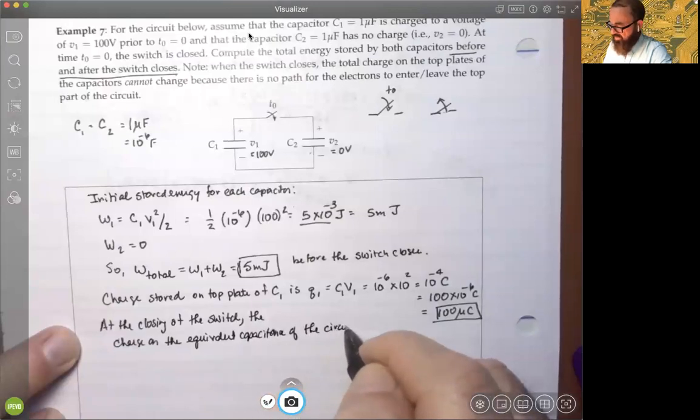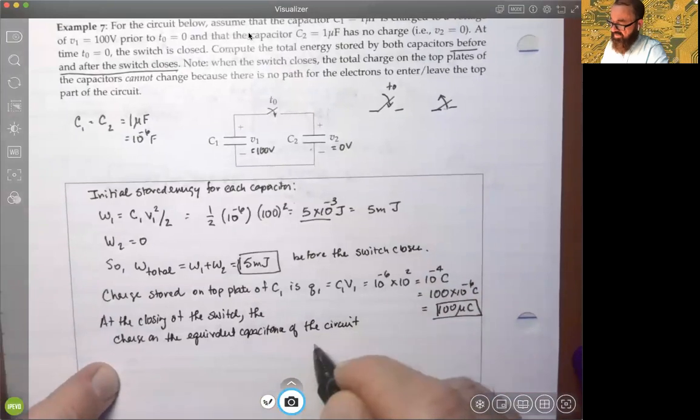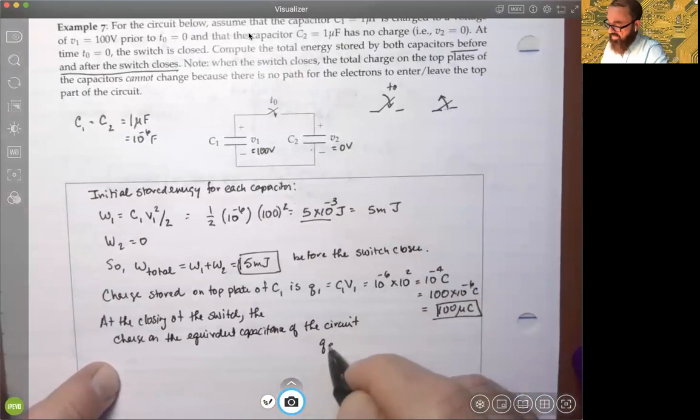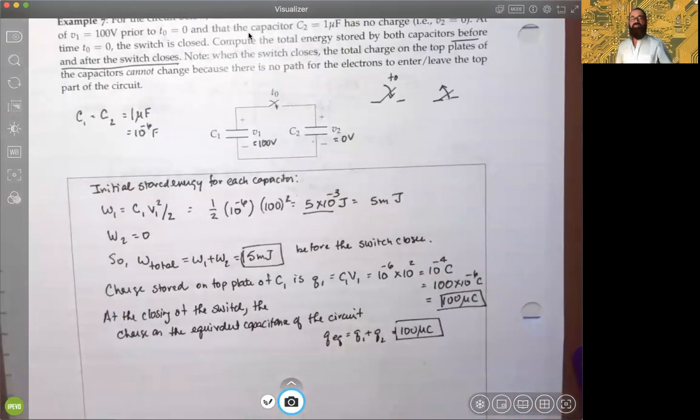Think about it. What happens? When you close it, they're in parallel, aren't they? So it follows that the equivalent charge, we'll call it Q_EQ, would have to be Q1 plus Q2, which is 100 microcoulombs.